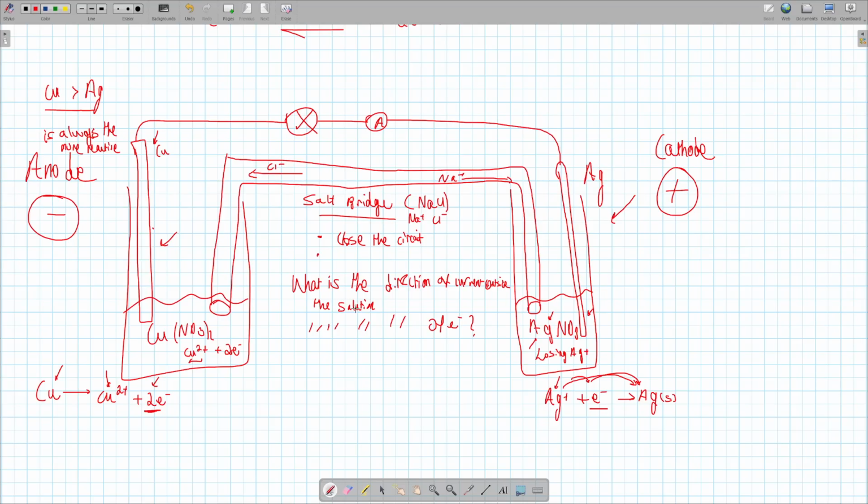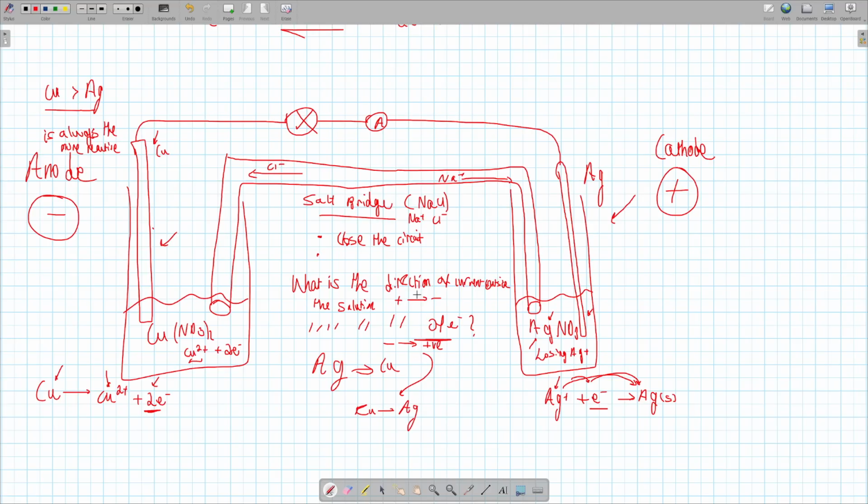You know that current always moves from positive to negative. So it's going to move from cathode to anode. So in this case, it's going to move from Ag to Cu. Right? From Ag to Cu. And what would be the direction of electrons? You know, electrons always move from negative to positive. So it's going to move from anode to cathode. So from Cu to Ag.